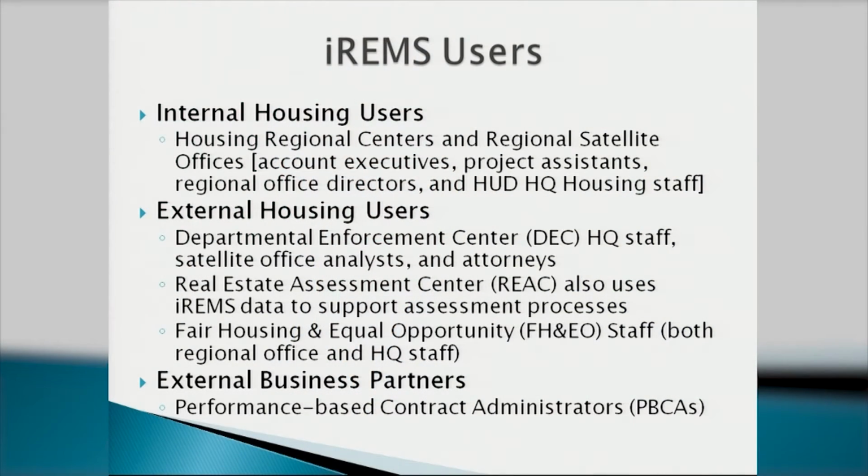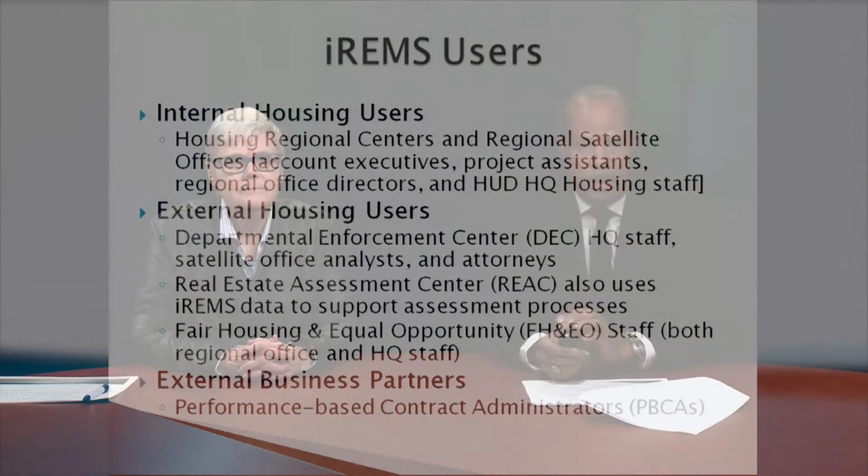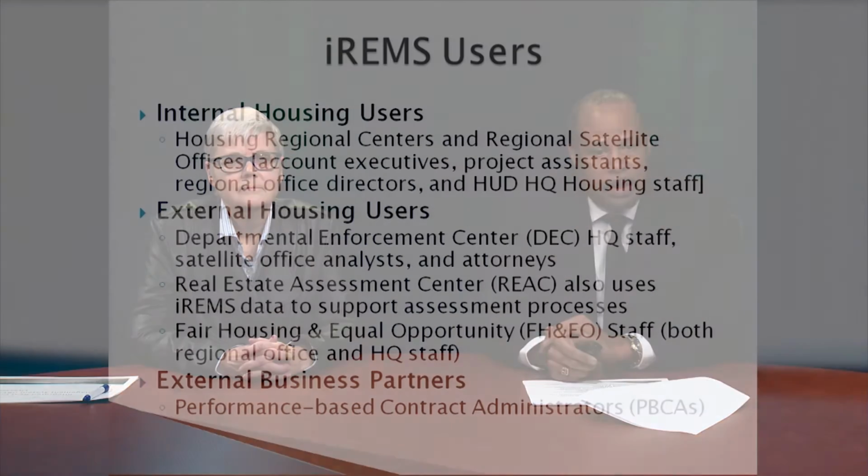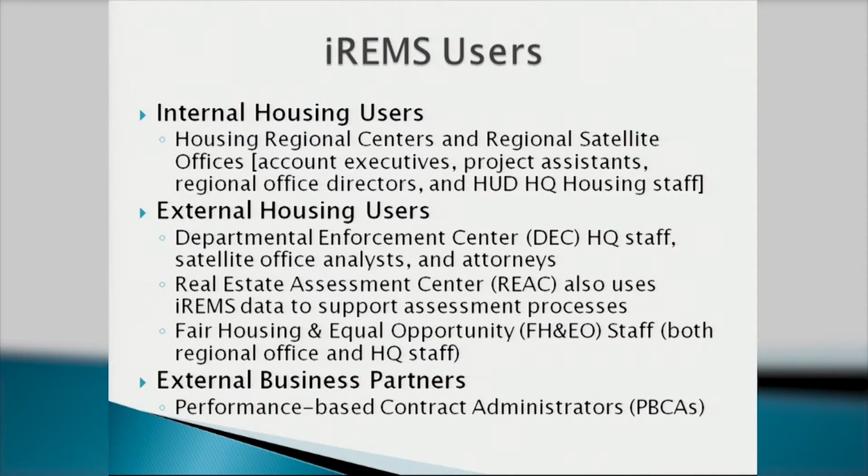So the next slide actually talks about the IREMS users. I think Robert's going to talk a little bit about how to become an IREMS user. Sure. Basically, there are three types of IREMS users. The first is the internal user, which consists of housing regional centers and regional satellite offices, all the way to your HUD staff.